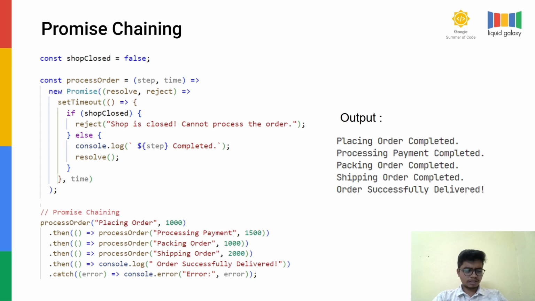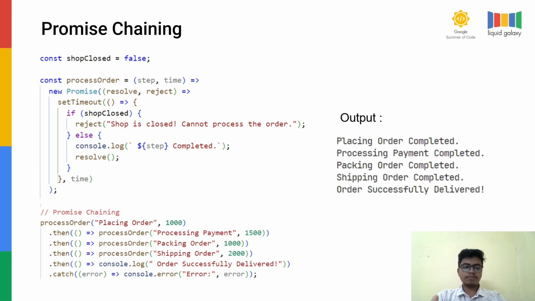Now you can see the promise chaining here. It's calling the processOrder function with arguments placing order and 1000, meaning placing the order takes 1 second. As you can see, this function returns a promise, so we can apply .then, and as it is fulfilled successfully, it goes to .then, which again calls processOrder with arguments processing payment and 1500 milliseconds.